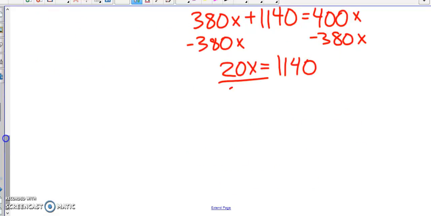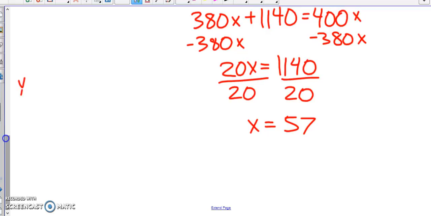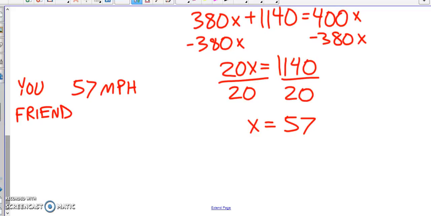And if I divide both sides by 20, I get x equals 57. So that 57 represents our average speed. And our friend's average speed is just that plus 3, which would be 60 miles per hour.